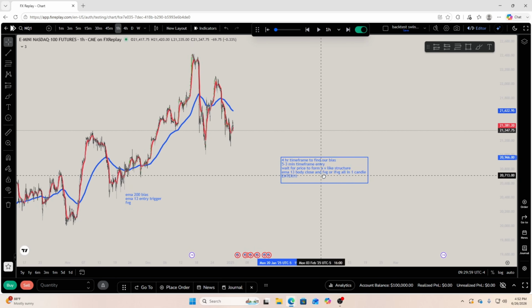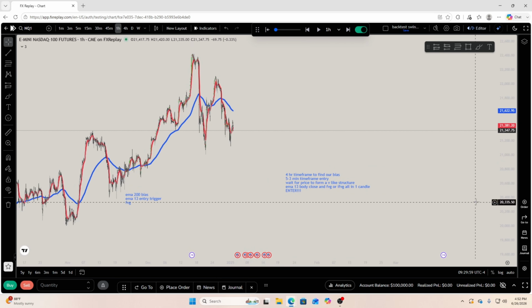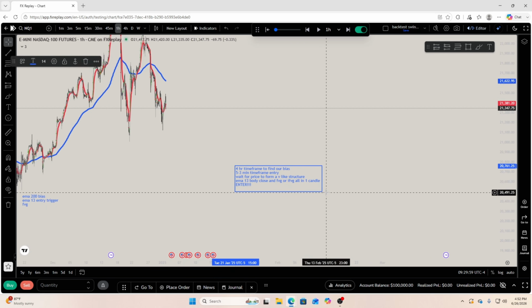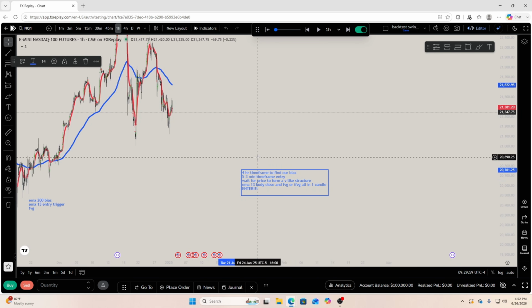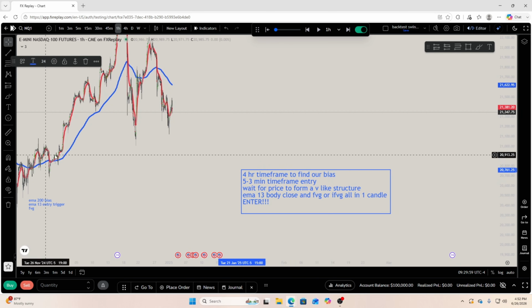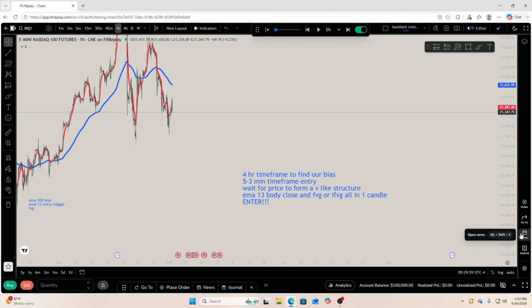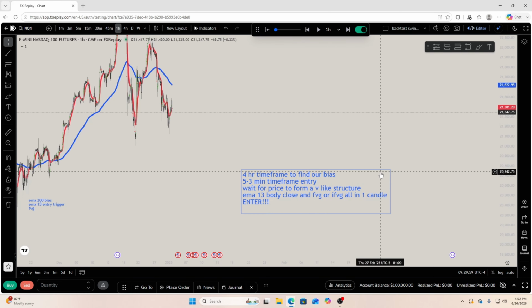This is literally all I use to trade on a daily basis when I am day trading or intraday trading, whatever you want to call it. This will get you everything you need. So you want to take a picture of this, by all means. 4-hour time frame, find your bias. 5 to 3 minute time frame entry.